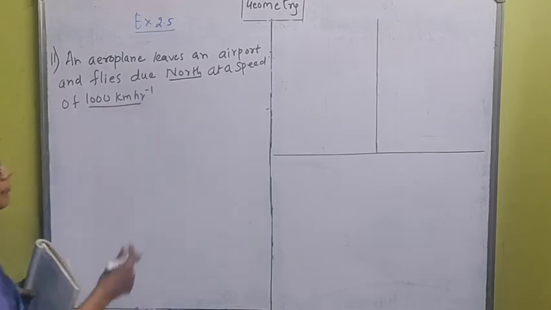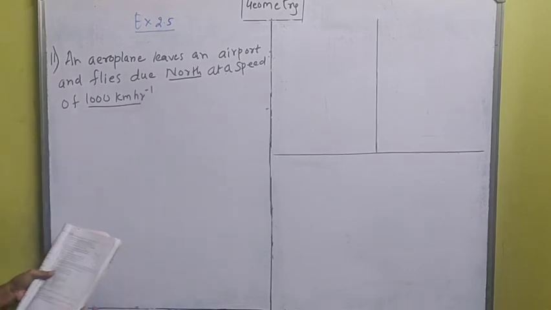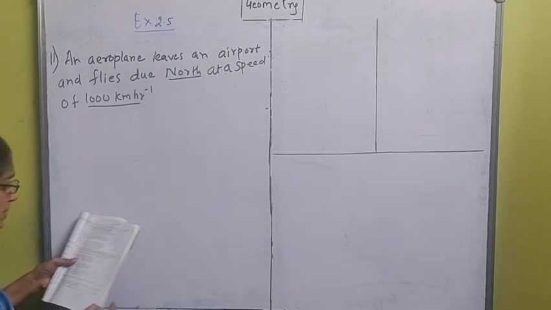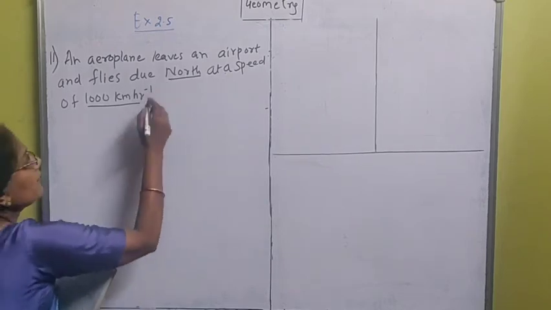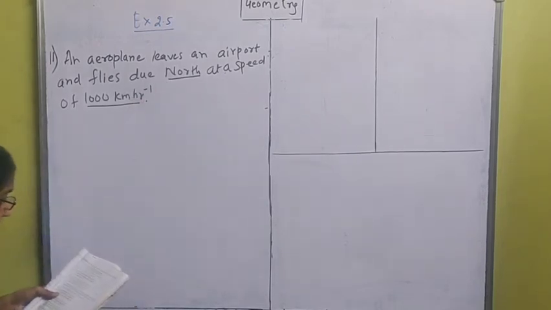So this is the speed of the first aeroplane. The aeroplane flies at a speed of 1,000 km per hour in the north direction.